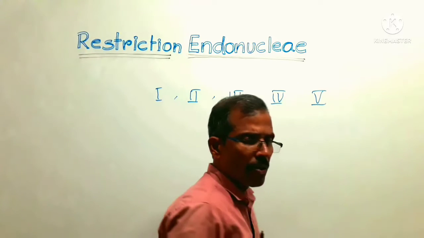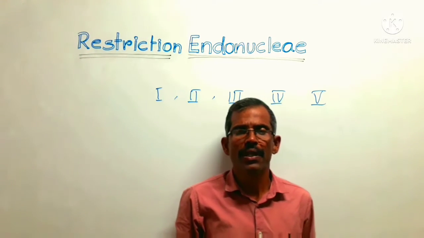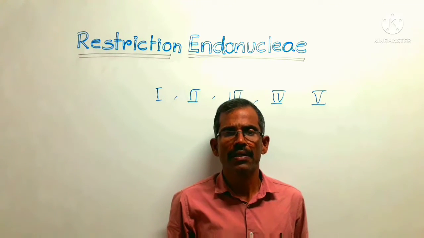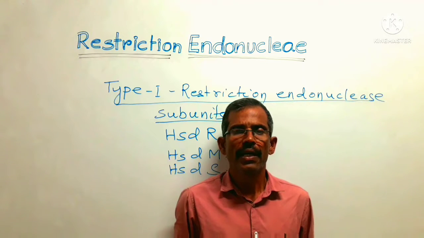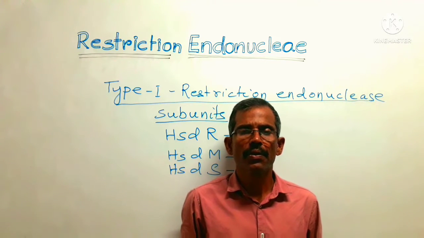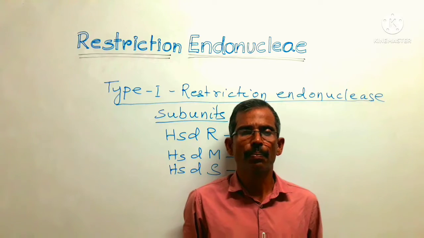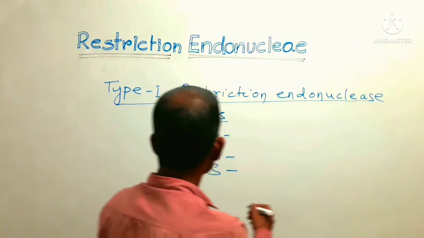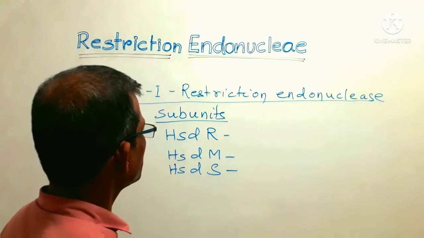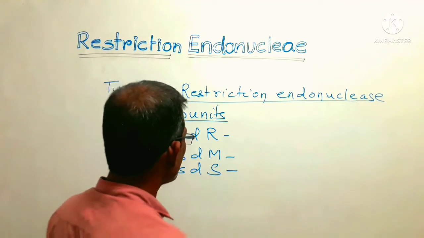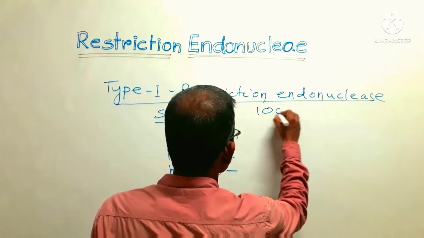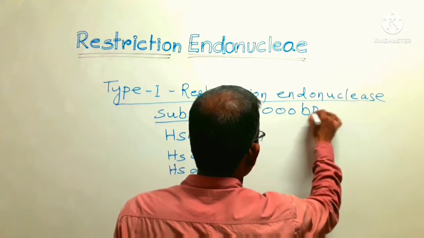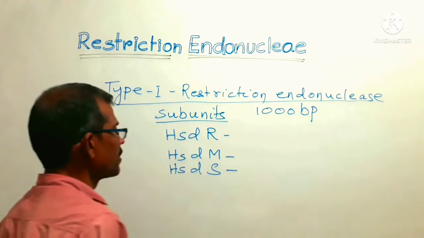First of all, we shall discuss restriction endonuclease type 1. Type 1 restriction endonucleases were the enzymes first to be identified, and for these enzymes the cleavage site is at a distance of at least 1000 base pairs away from the recognition site.